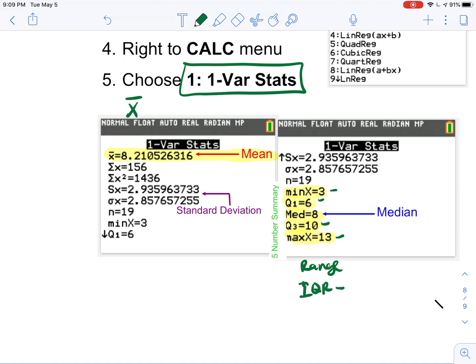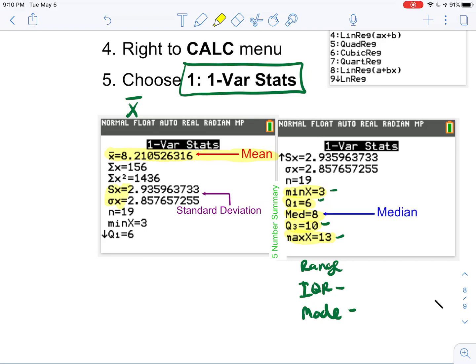Well, we don't see our range, okay, but we do have the values that we can use to calculate it. We don't see our interquartile range, but again, we can use these values to calculate it. And we don't see our mode. Okay, that's something you might need to find on your own. So other than that, everything else is found.